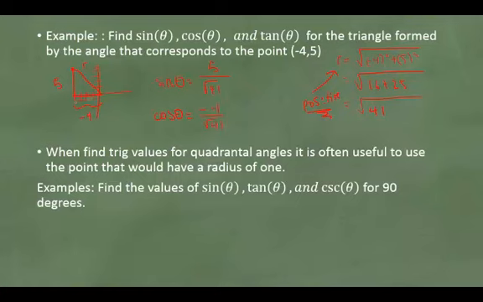Even though this length right here is positive 4, we're still using the x coordinate of negative 4. That tells us that we're in quadrant 2 instead of quadrant 1, for example. Tangent theta is just y over x, so 5 over negative 4.